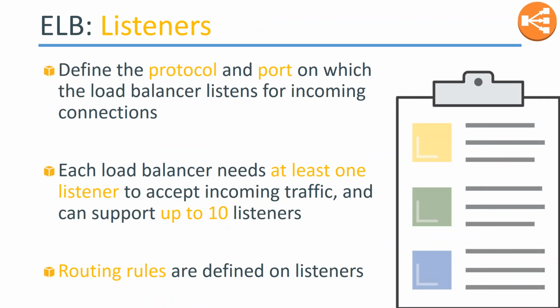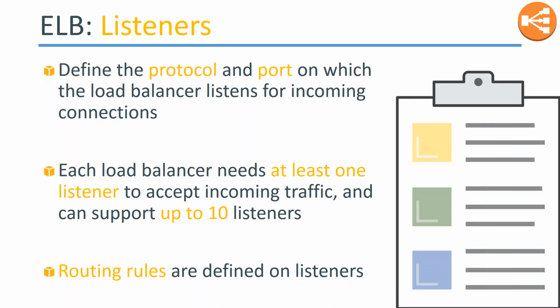Listeners. You can configure your ELB to listen on different ports. And when I say ports, it can be 80, 443, 1521, any high port which is allowed. It can also be configured at different protocol levels, whether you want to do it at TCP/IP, HTTP, or HTTPS, any of the different protocols are supported.